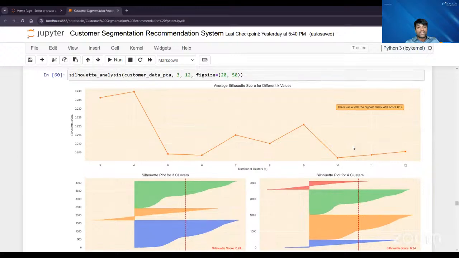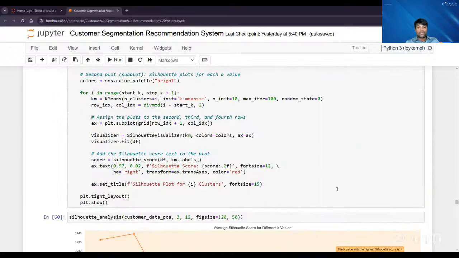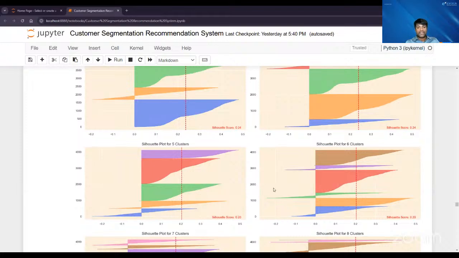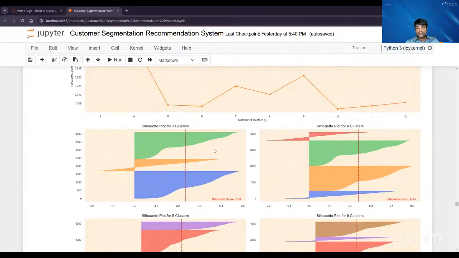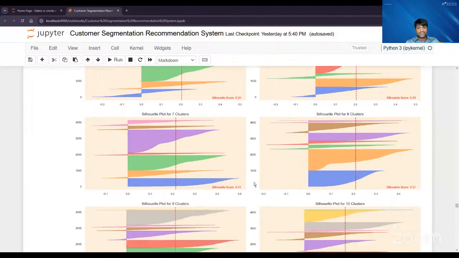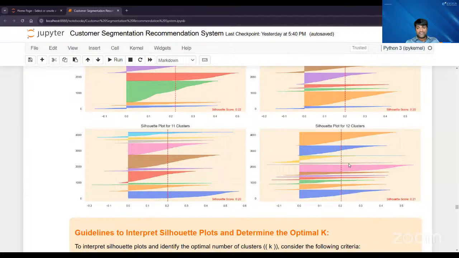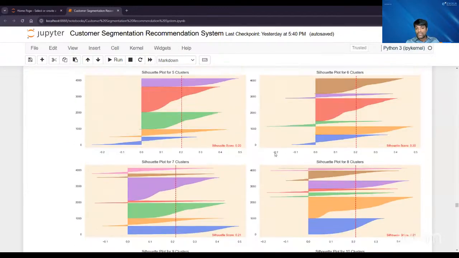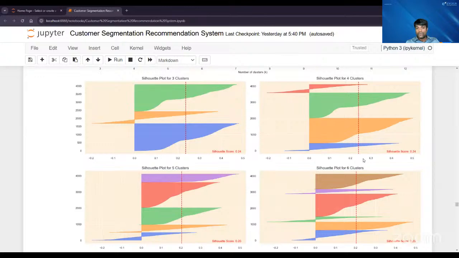Then after that, we plot with the total number of clusters we have. You can see how the clustering can be done if it is 3 clusters, 4 clusters, 5 clusters, 6, 7, 8, 9 clusters, and we went till 12 clusters. The Silhouette score should be higher.